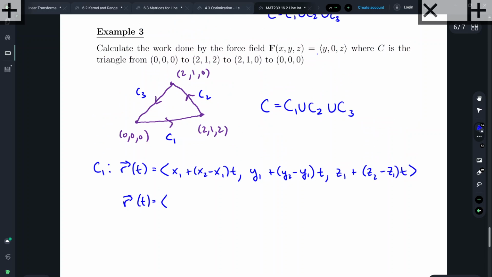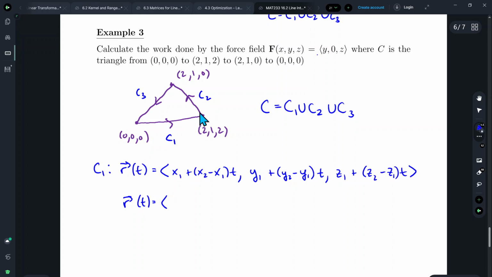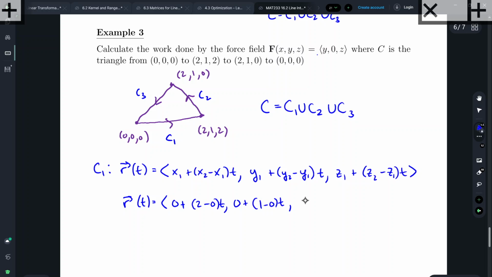So what do we get as the parameterization? Just plugging in the numbers. C1 is connecting these 2 points here. So the x coordinate is 0 plus (2 minus 0) times t. The y coordinate is 0 plus (1 minus 0) times t. The z coordinate is 0 plus (2 minus 0) times t.